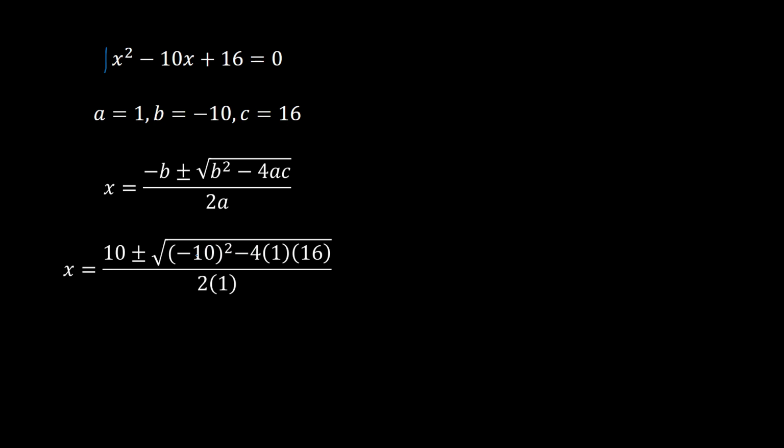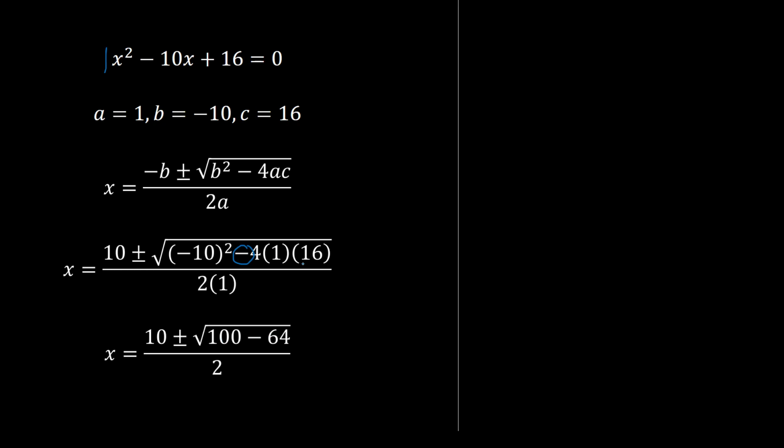So here, negative 10 squared, I can do that first, so I get 100, and then I multiply the 4 times 1 times 16 to get 64. And subtraction right here, I do that after I square and after I multiply because of order of operations. So then 100 minus 64 would give you 36, and then the square root of 36 would be 6.